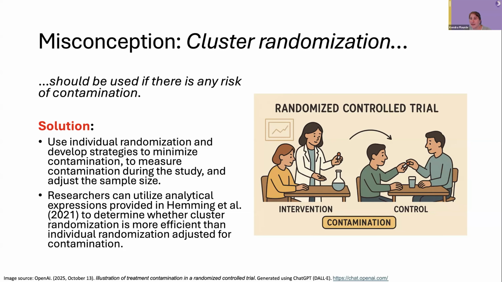So there is a point that if you are adjusting for contamination under individual randomization, you may actually find that you require more participants in your study than you would in a cluster randomized trial. And so Hemming et al. developed analytical strategies for you to find that exact contamination rate at which cluster randomization actually becomes more efficient than individual randomization adjusted for that contamination.